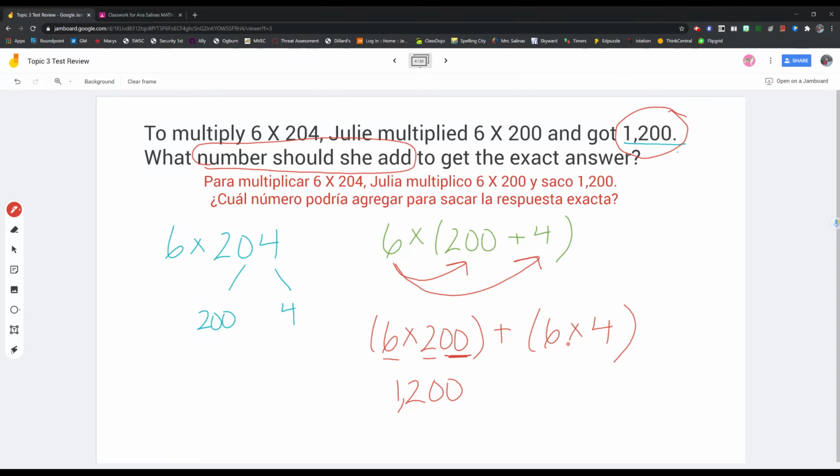So the number she would add would be 24. Why 24? Because 6 times 4 is 24. To get the exact answer, I would have to add 1,200 plus 24 to get the exact final answer. They don't want to know what the exact final answer is. They want to know what is the number she should add. The number she should add is 24 because 6 times 4 is 24.